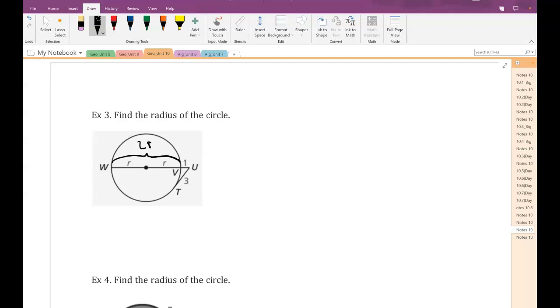And now what that does is takes your diameter and changes it into a secant segment, where TU is still our tangent.